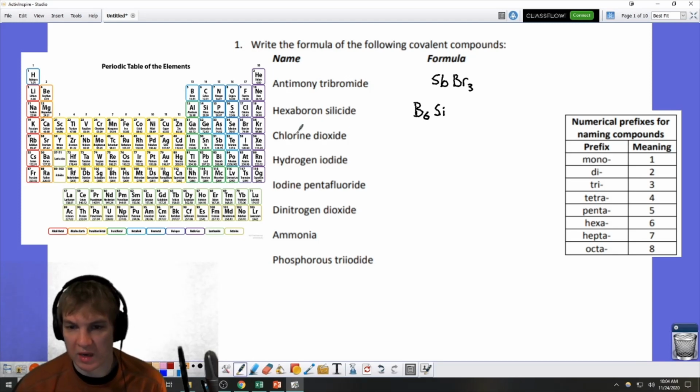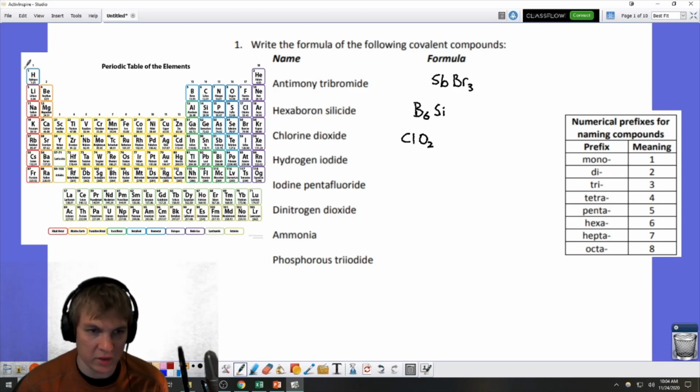All right, moving on to the next one, we have chlorine dioxide. So chlorine is just Cl, we know that one. And then dioxide. Oxide, of course, comes from oxygen, so that's ClO. And then di means that we have a subscript number 2 right there. Hydrogen iodide. Okay, so we have hydrogen, which is the only nonmetal on the left side. So this is where hydrogen is.